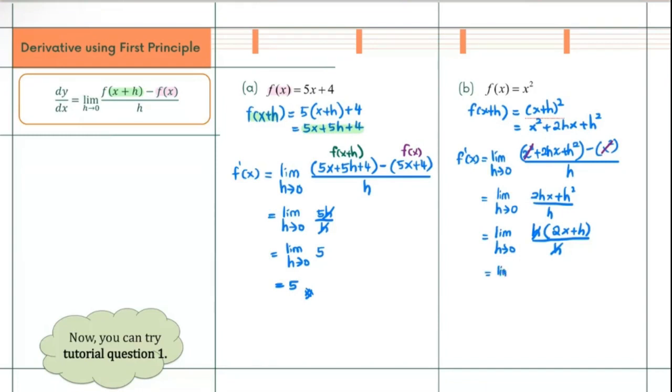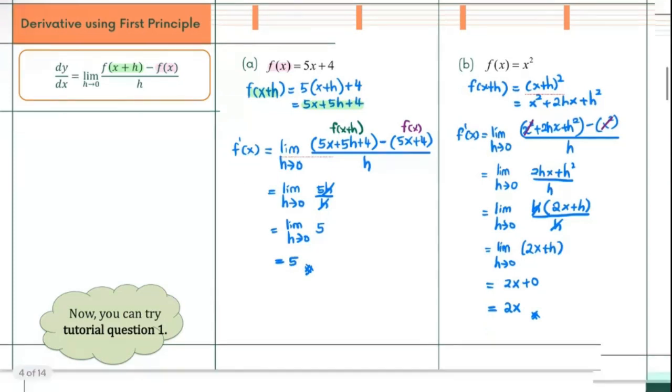So tinggal lagi 2x plus h sahaja. Okay, so if we substitute 0 into our function here, so therefore we get 2x plus 0, yang end up dapat 2x sahaja. So this will be our derivative. So betul tak differentiate x square dapat 2x? Yes, it is true. Okay, so ini adalah contoh yang pertama menggunakan first principle.